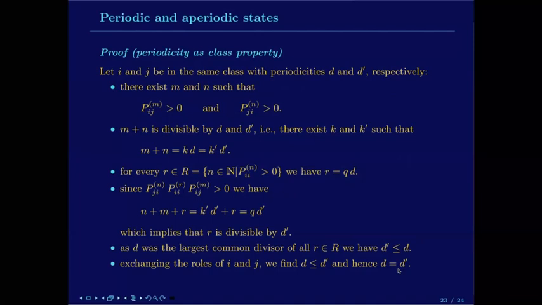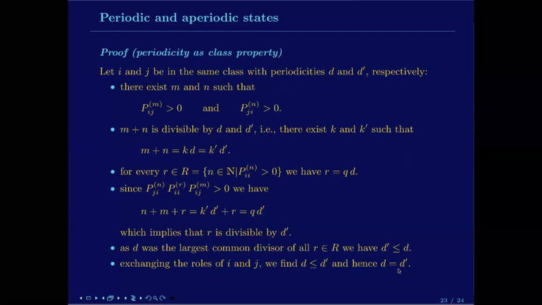Now we can look at j and construct a path from j to j, namely by first going to i, then using this path here, and then going back. So by that, we find that n plus m plus r, which is the length of this path, must also be a multiple of d prime, because d prime is the periodicity of j. So that is this here.